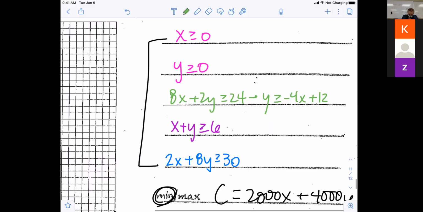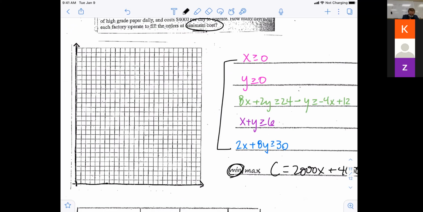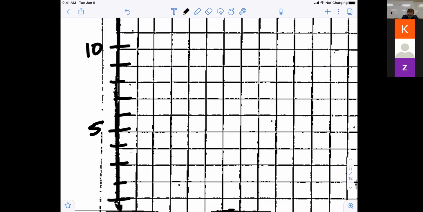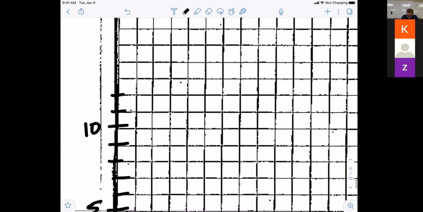These look like smaller numbers than the last one, so I'm just going to do a unit of 1 on all of these. So 1, 2, 3, 4, 5, 6, 7, 8, 9, 10, 11, 12, 13, 14, 15. 1, 2, 3, 4, 5, 6, 7, 8, 9, 10, 11, 12, 13, 14.